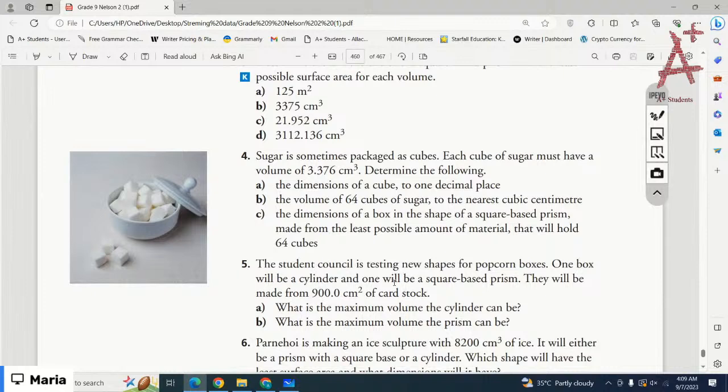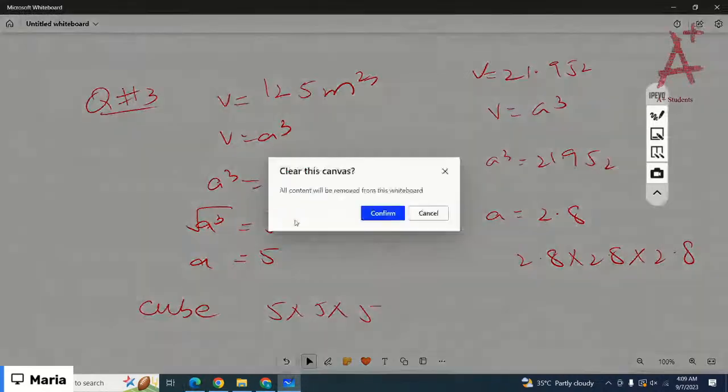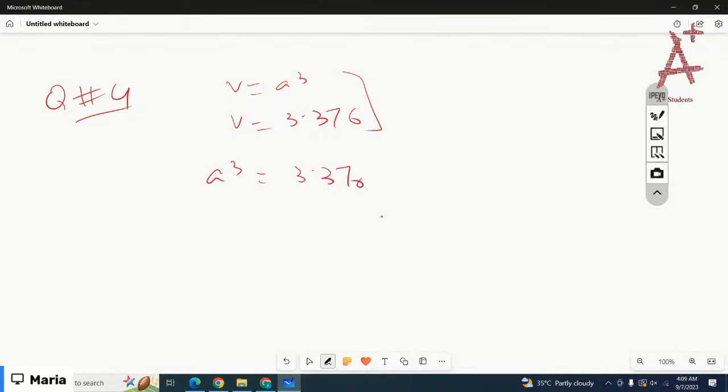Okay, let's just start. So you are given the volume, that is 3.376, right? We have to find the dimensions of the cube for part a. It would be V equals a cubed, right? You are given V equals 3.376. That means both sides are equal. A cubed equals 3.376, right?